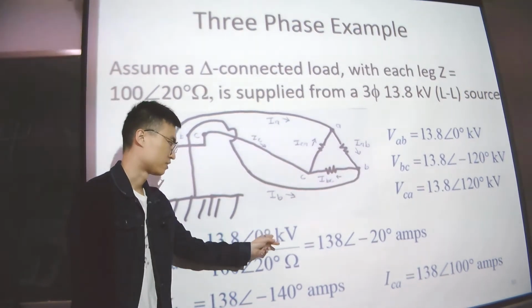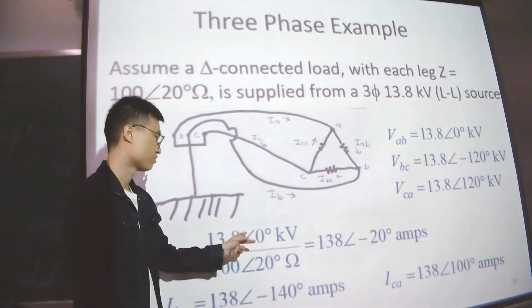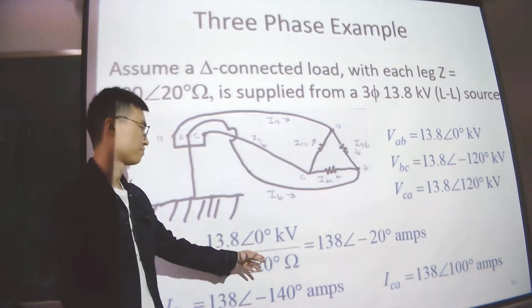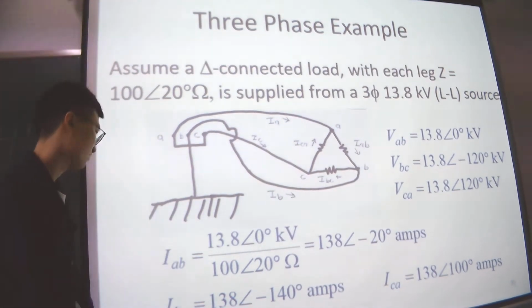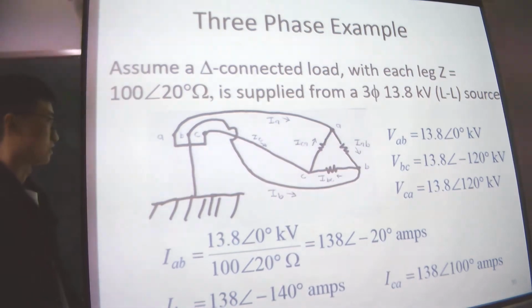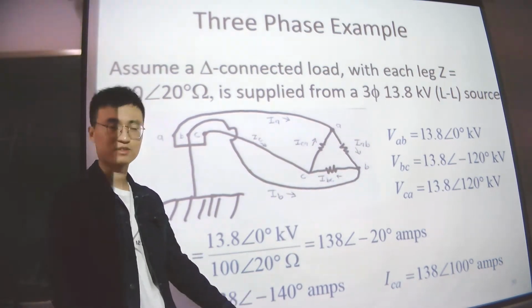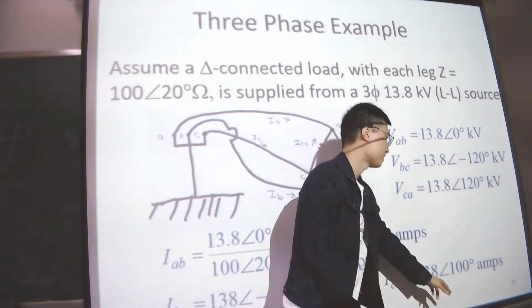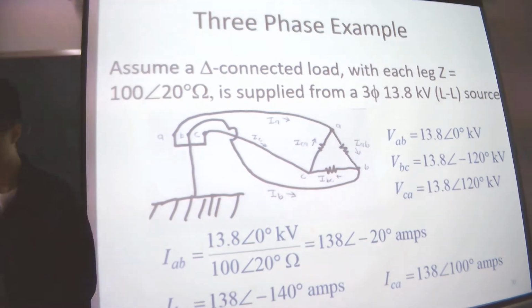Kilo 3 0 2 0 2 0. So it will be 138, right? And just use the minus 120 for B, and plus 120 for C. Okay? Quite easy, right?